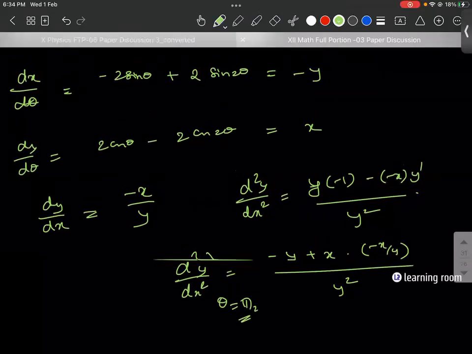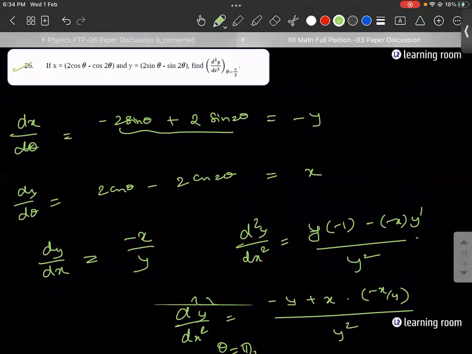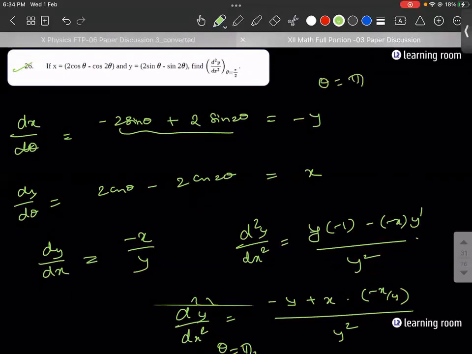Okay, so d square y by dx square at theta is equal to pi by 2. At theta is equal to pi by 2, what is the value of x? x will be how much? This will be 0 minus cos pi by 4, minus 1 by root 2. When you put y, what will be the value of y?